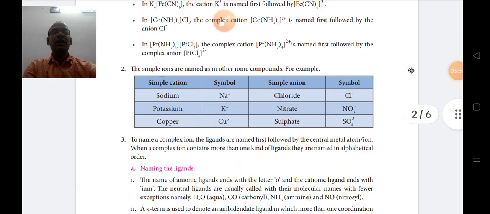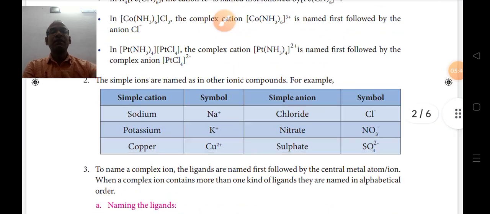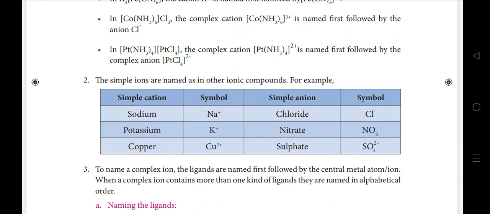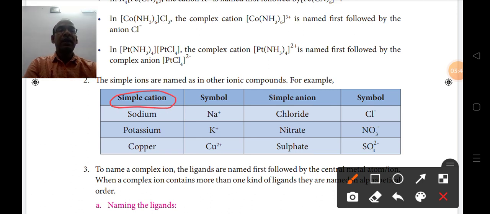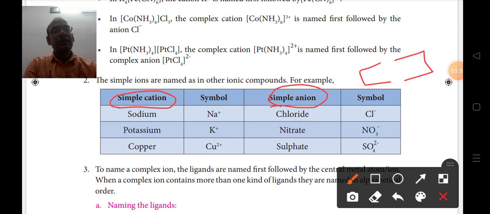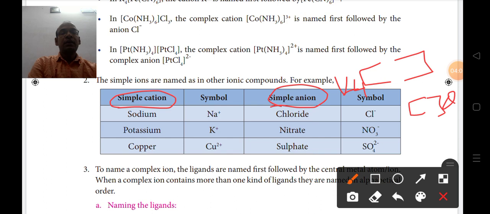Example, the tabular column is given. Simple ions: how can you identify them? The ions outside the square bracket are called simple ions.